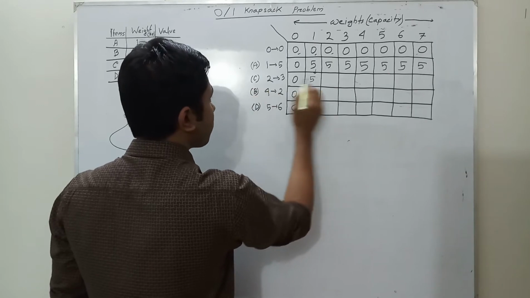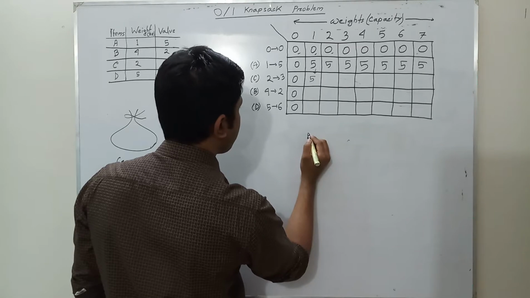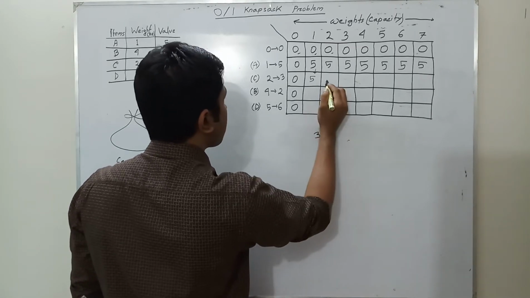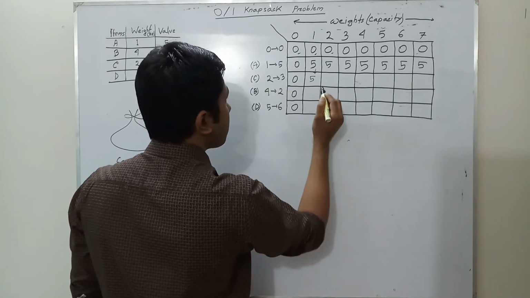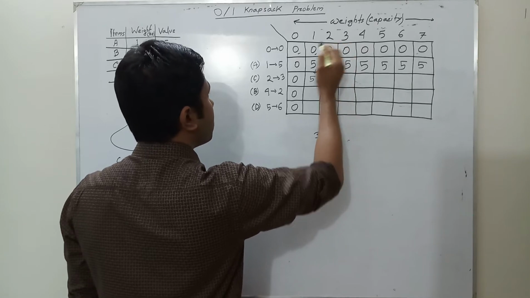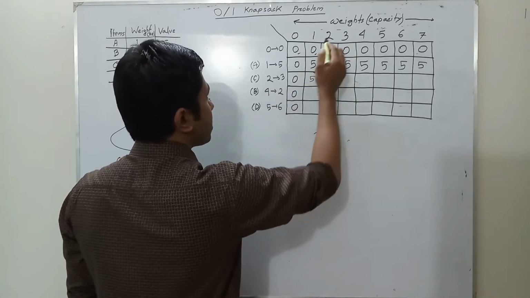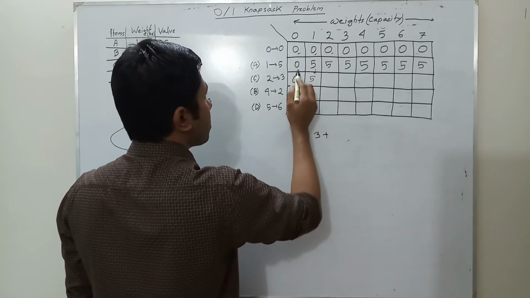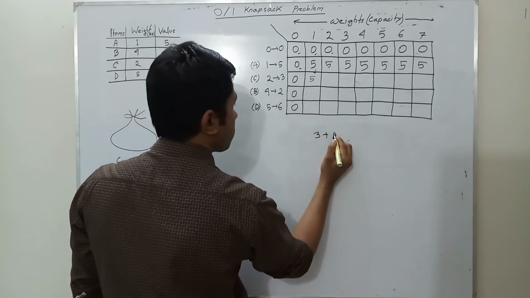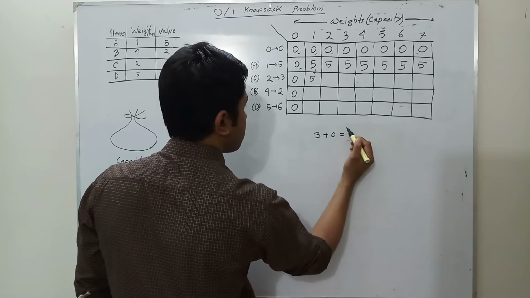Using the item C for this field, the value will be 3 plus, as I have used two size, the remaining size will be 0. The capacity of the knapsack is 2 and I have also used two size, so the remaining size will be 0. This will point here. I have used the item, so the value will be 3 if I use the item C.